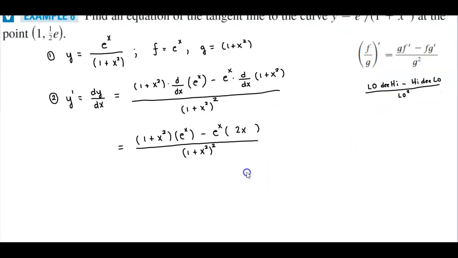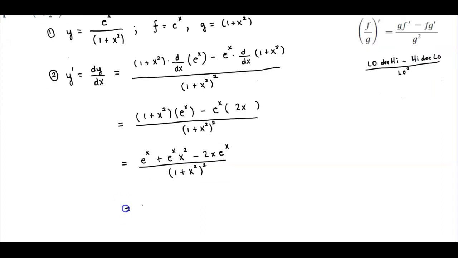Okay, now let's go ahead and distribute here. So we end up getting e to the x plus e to the x squared minus 2x e to the x all over 1 plus x squared squared.